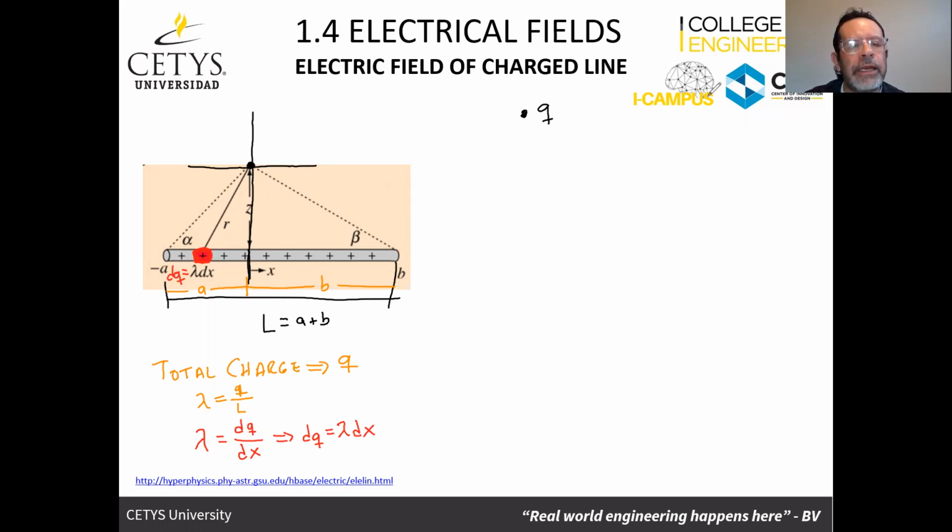Let's forget about the line, and now I'm looking at just a small point charge here. And so I'm going to have an electrical field, according to that point charge, that is going to be going this way.